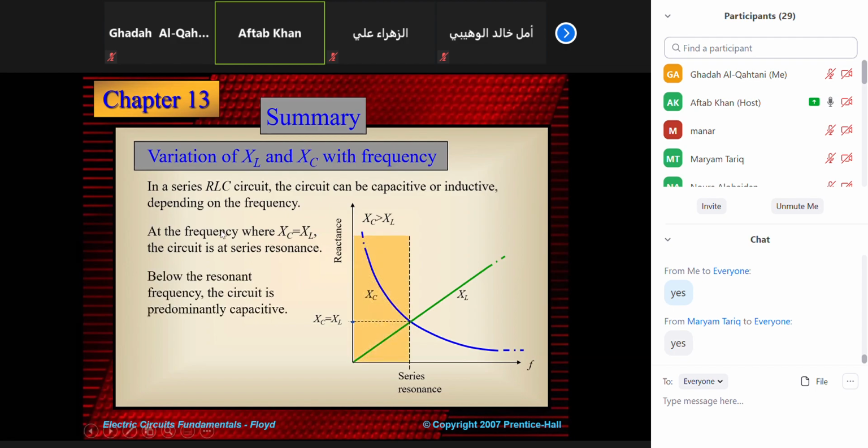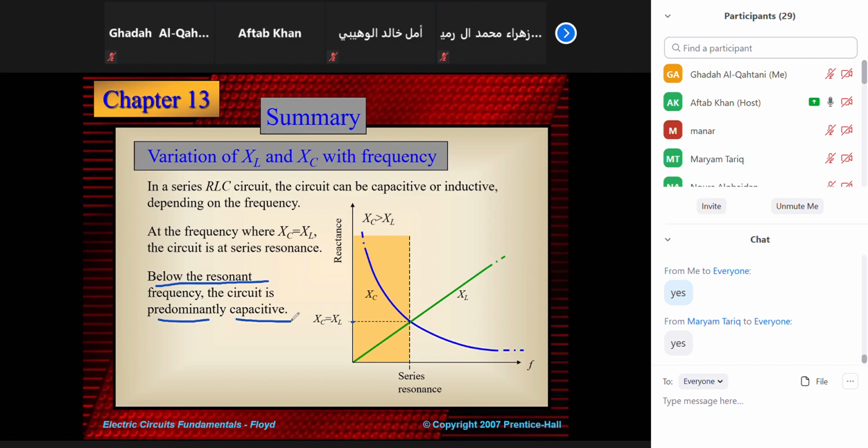Another thing, read this one. Below the resonant frequency, the circuit is predominantly capacitive. Because here below this frequency, what is happening?